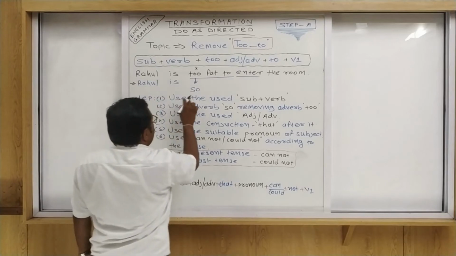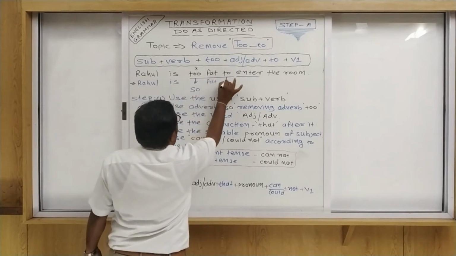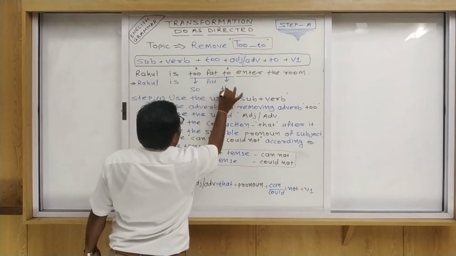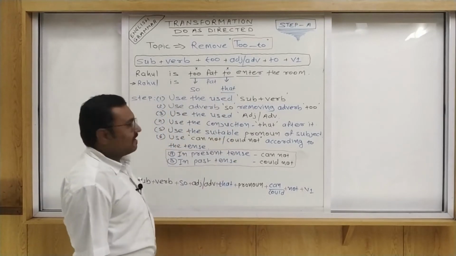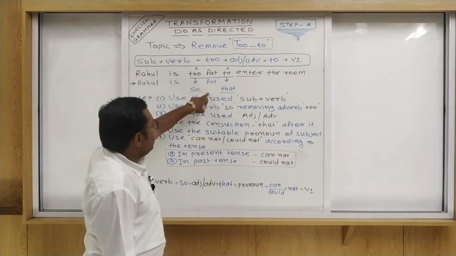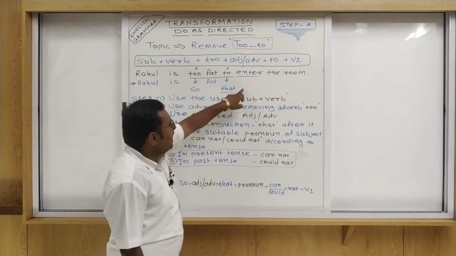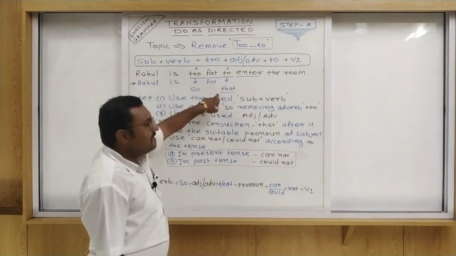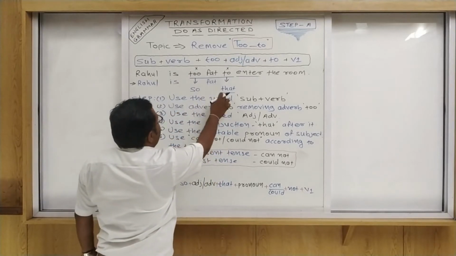So Rahul is so fat, and 'to' is also removed and we add the conjunction 'that'. So Rahul is so fat that. Now we cannot write directly 'enter the room'. Here the conjunction 'that' is used.